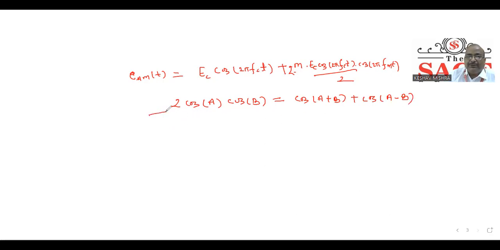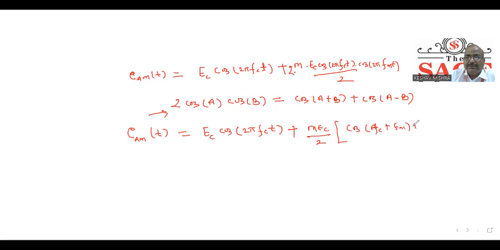So we can write the amplitude modulated signal as: first component Ec cos 2 pi fc t, plus second, m Ec divided by 2 cos 2 pi (fc plus fm) t, plus m Ec divided by 2 cos 2 pi (fc minus fm) t.